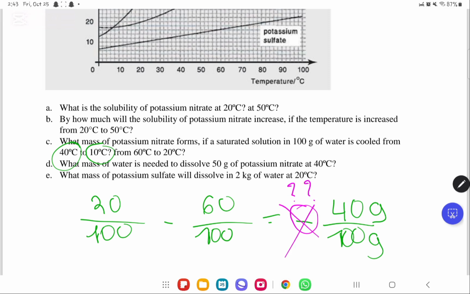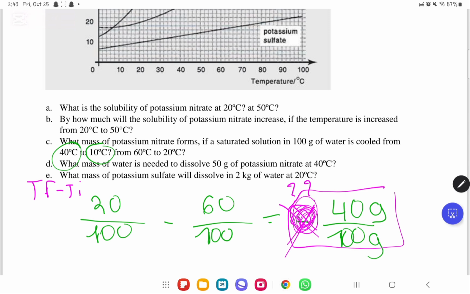No. So you're going to do temperature final minus temperature initial, the solubility of temperature final minus the solubility of temperature initial. You're going to get a negative number. If you get a negative number, like in this case, you're going to exclude it.